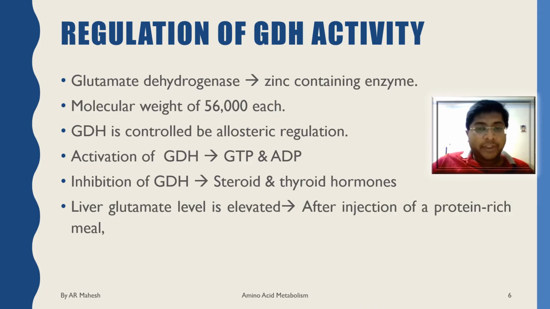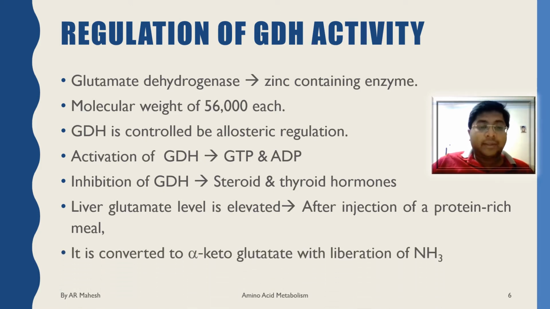After ingestion of a protein-rich meal, the liver glutamate level is elevated. Glutamate is converted to alpha-ketoglutarate with the liberation of ammonia in deamination reactions.